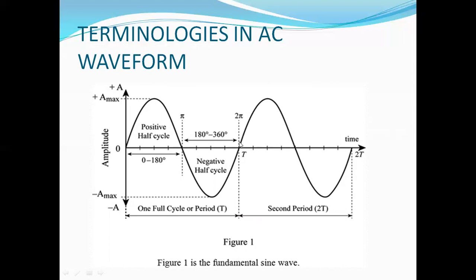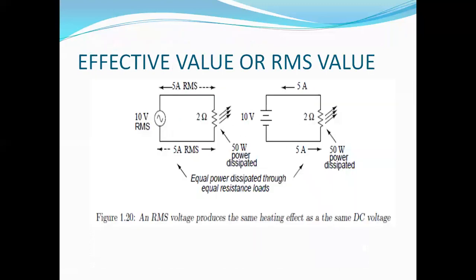The angular frequency can be expressed as 2 pi into cycles per second, that is denoted by omega, and its unit is radian per second, and the relation between frequency f and angular frequency omega is omega equals 2 pi f, that is the radian per second, and it is the angular frequency. So these are the different terms related to an alternating quantity.